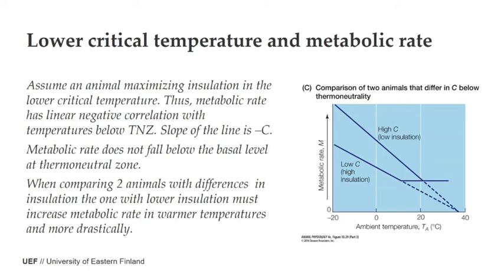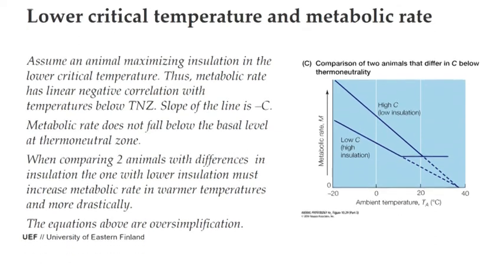So even at higher temperatures, you need to increase your metabolic rate. And these equations above are a little bit of an oversimplification. So if you are doing real science on the metabolic rate and how the temperature is affecting it, you should not use these, but they are very easy to understand, and that's why we are using them.